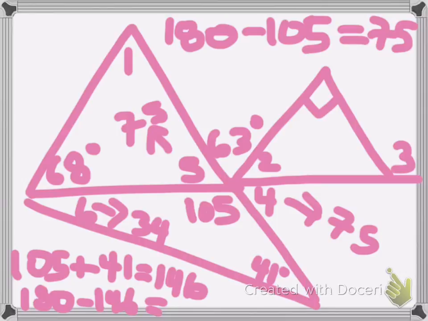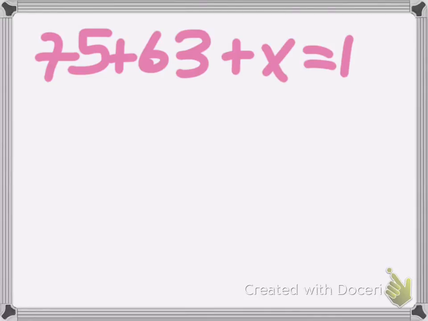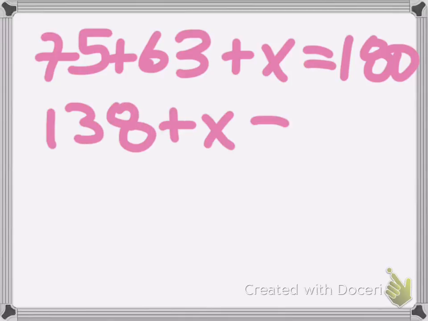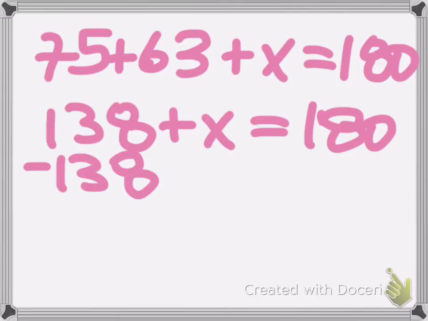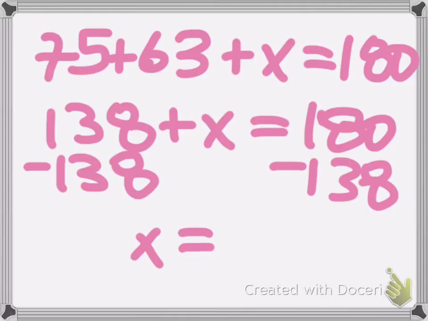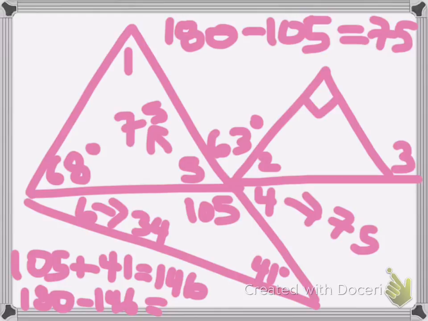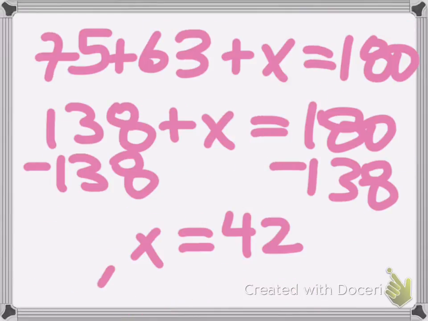So 75 plus 63 plus x equals 180. That's going to give me 138 plus x equals 180. So I'm solving for x, which gives me 42. And that represented angle 2. So angle 2 equals 42.